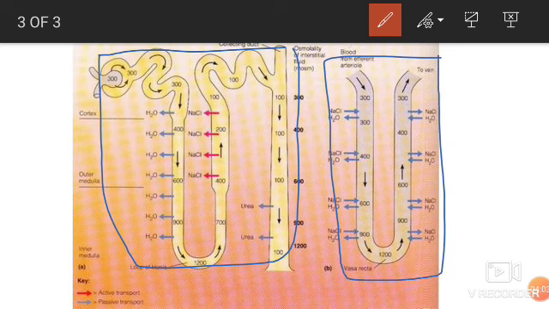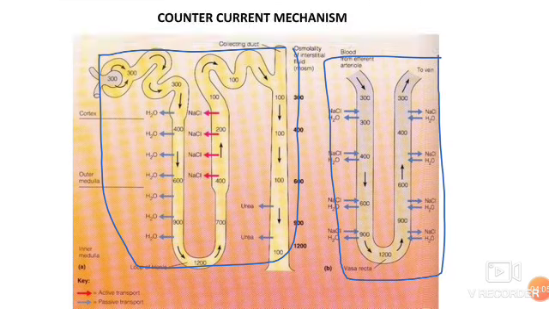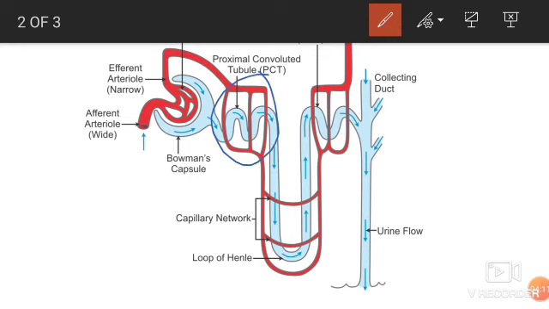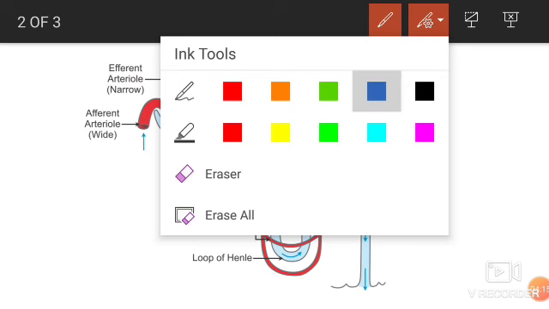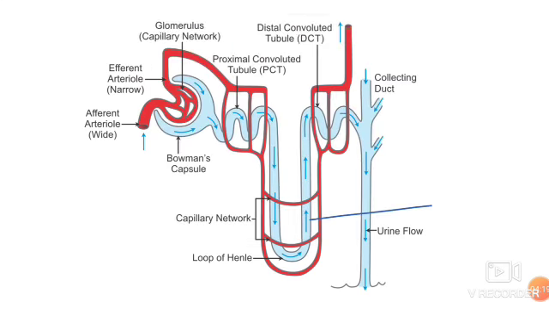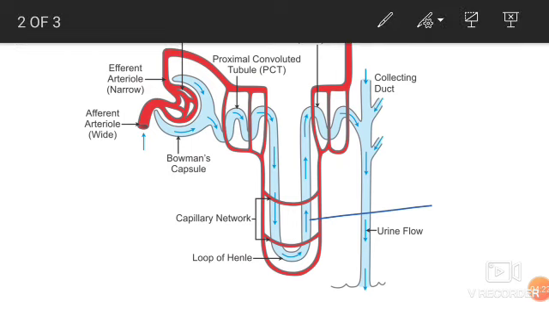Vasa recta is nothing but the blood vessels we saw in this slide. These blood vessels which are winding around are known as vasa recta. Vasa recta is actually the blood vessels which are moving along with the nephron.